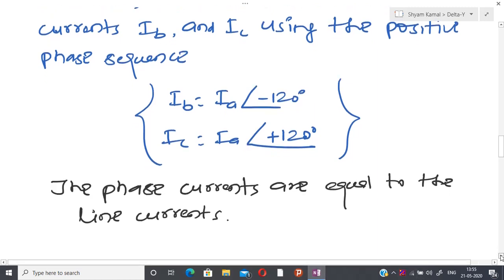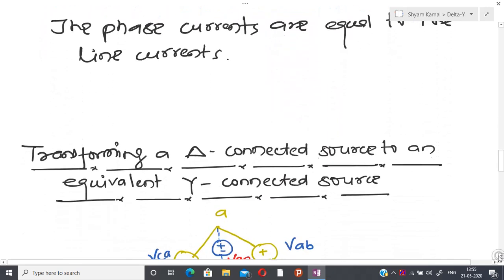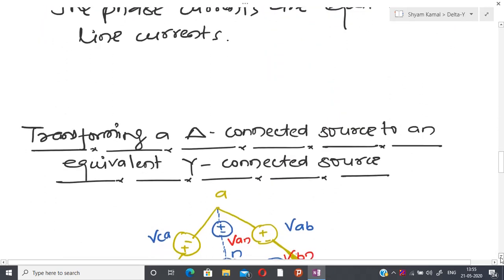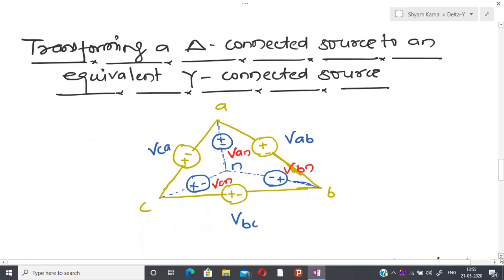Now, another way to analyze the same circuit is by the conversion or replacement of the delta connected source with its equivalent Y connected source, and then I have Y and Y connection. Let us see how to proceed.